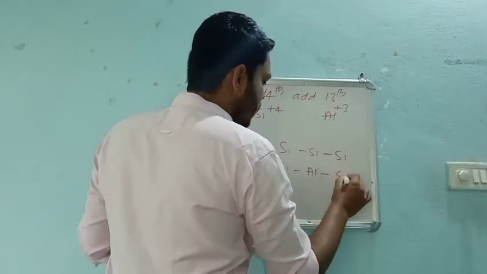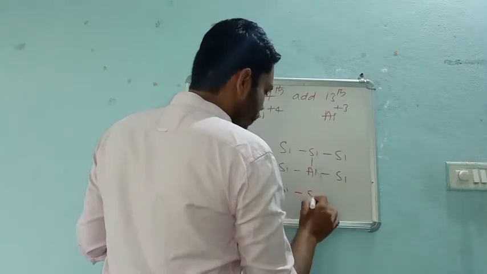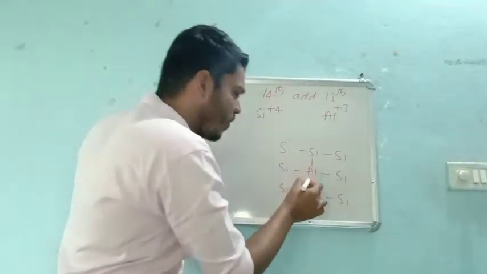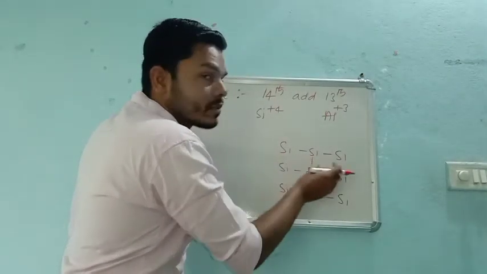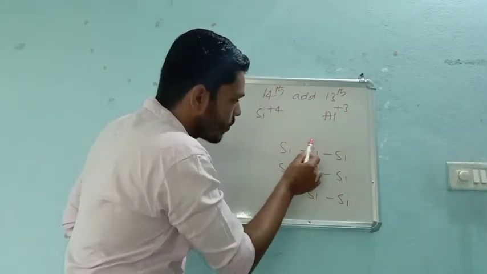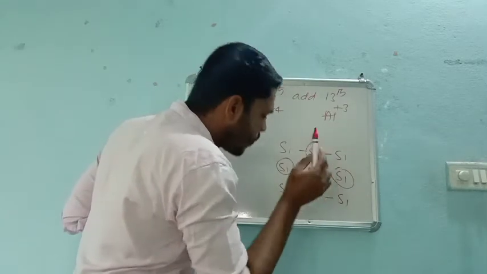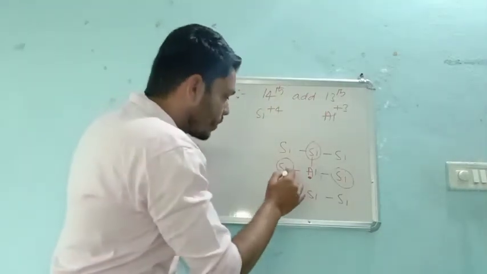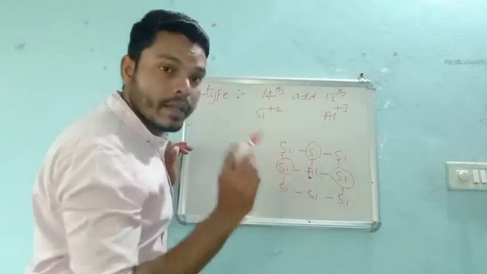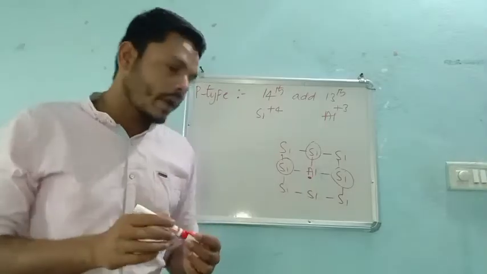Silicon and silicon, and this aluminium will not form a bond with any one silicon, because it can donate only 3 electrons. So I have donated the electrons of aluminium to this silicon and this silicon, but what about this one? Here the problem comes, so one vacant place will remain in case of 14 group elements. What happens to the density?